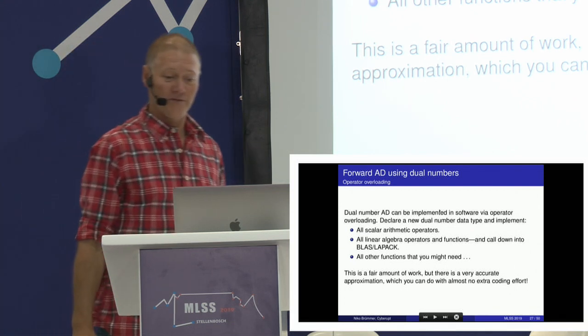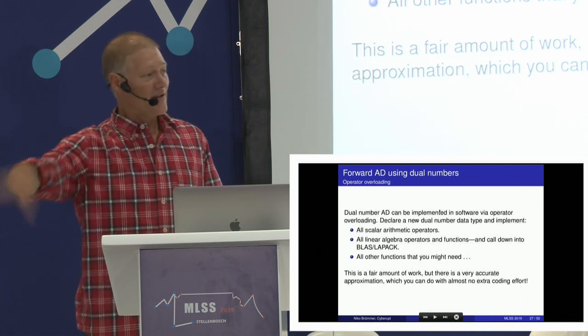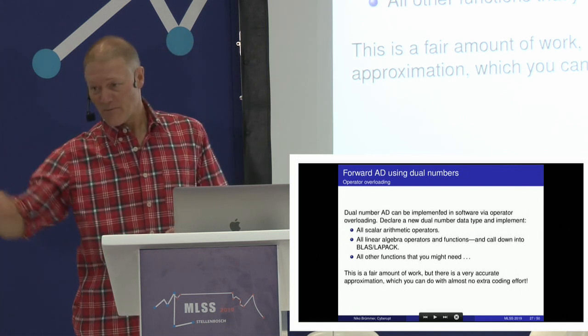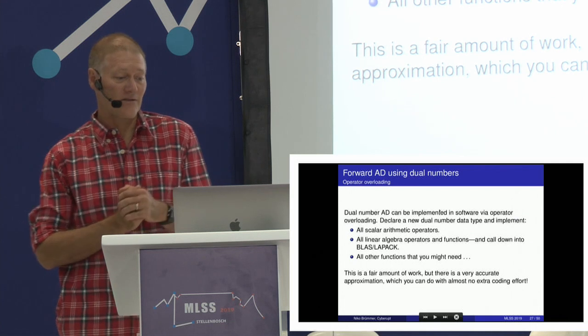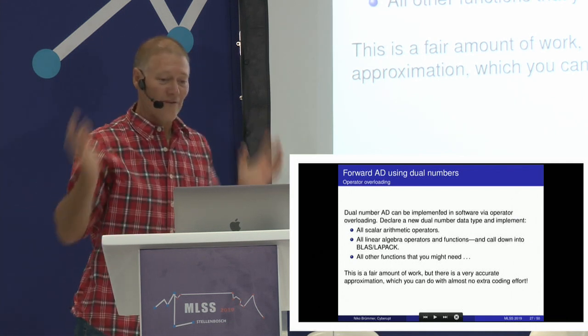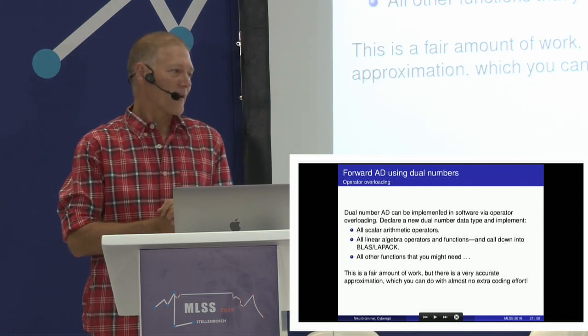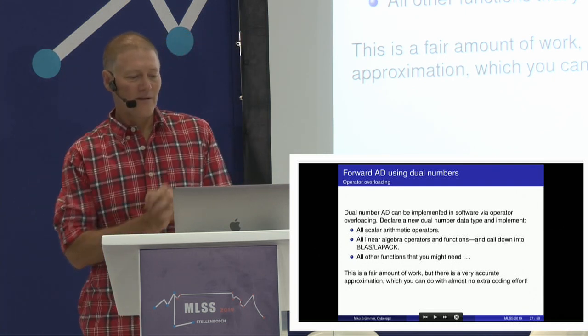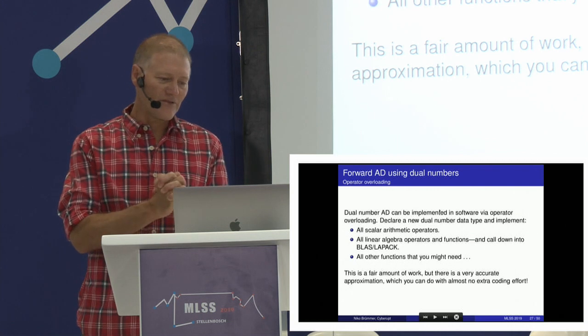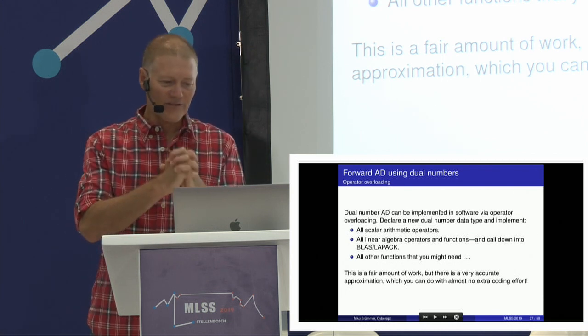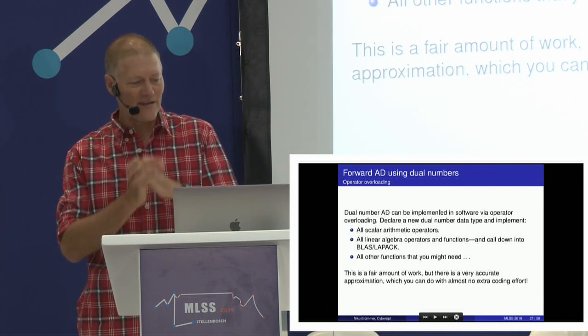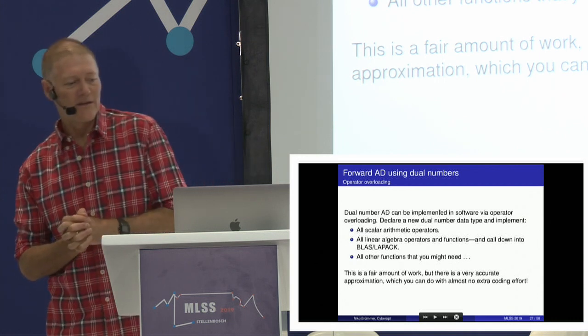And if you want things to be fast, you have to call down into your favorite implementation of BLAS and LAPACK and so on. And of course, all the other functions that you might need, you need to implement them too. So I've played around with that. If the language nicely allows operators, then it's fun to do, but it's a lot of work.